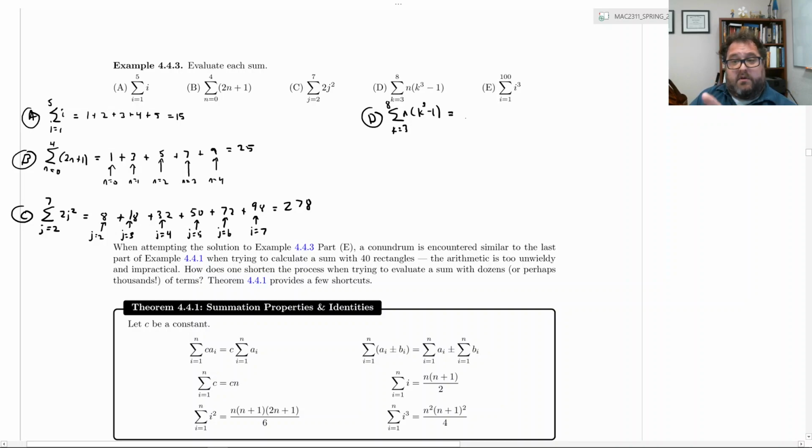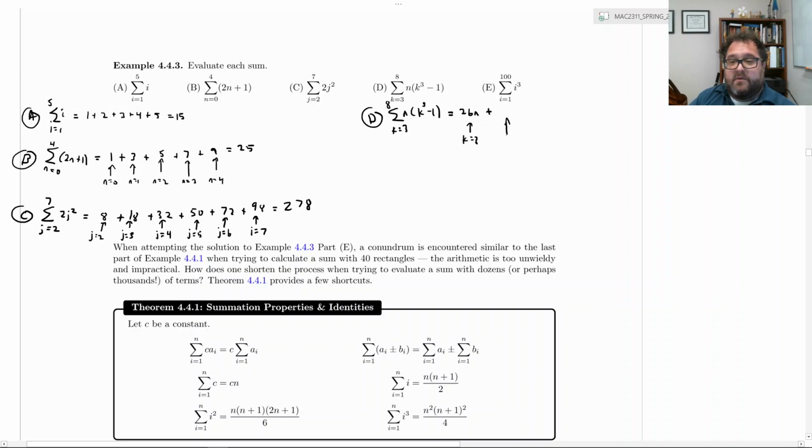Okay, so we plug in 3. 3 cubed is 27, minus 1 is 26. Then you get times n. Oh, sorry, we don't know what n is. n is not specified. So that's 26n when k equals 3.